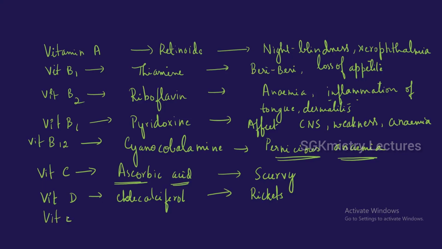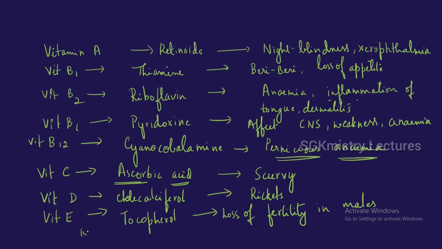Next, vitamin E. It is also called as tocopherol. And the deficiency of vitamin E will lead to loss of fertility in case of males, as well as it can also lead to the degeneration of muscles. Okay. Next, vitamin K. It is called as phylloquinol.